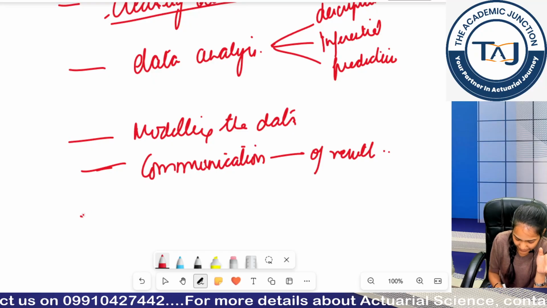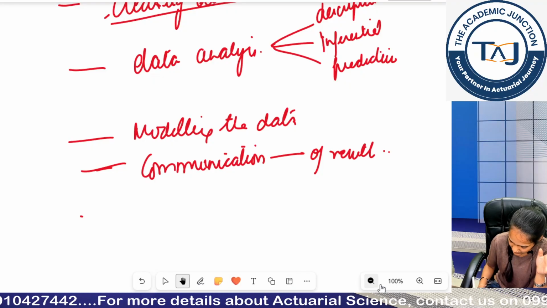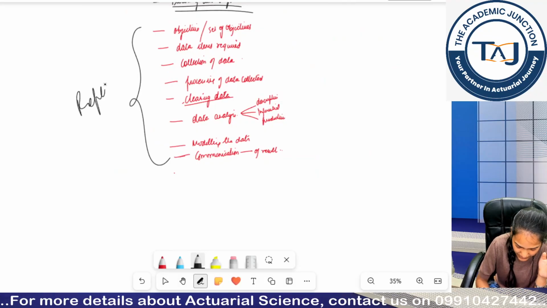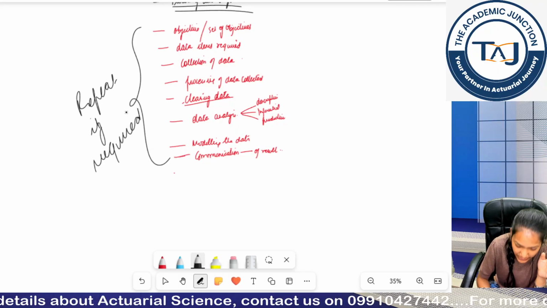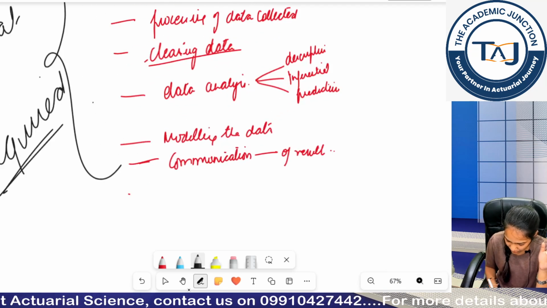Clear guys? And finally, if there is requirement, we can repeat these steps. So this was the whole process of your data analysis.